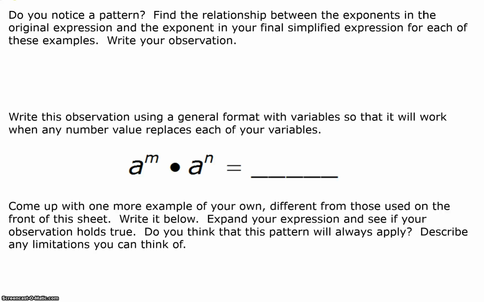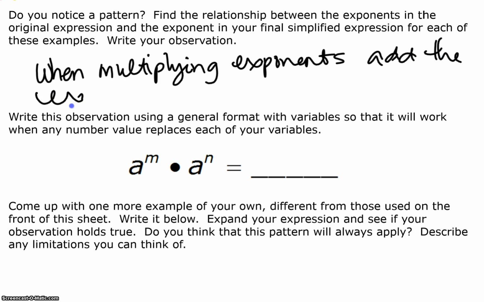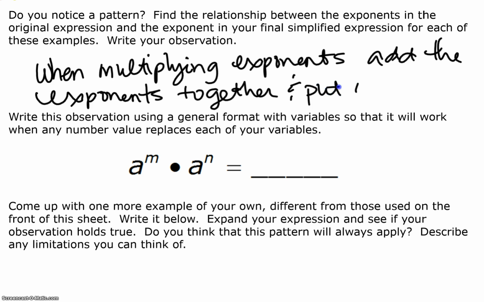Well, since we're not doing this in class and we can't discuss it, the observation you should have made is when multiplying exponents, add the exponents together and put on the base.